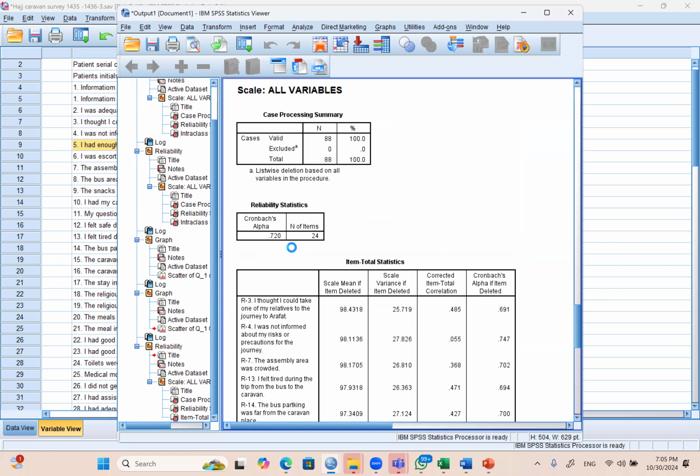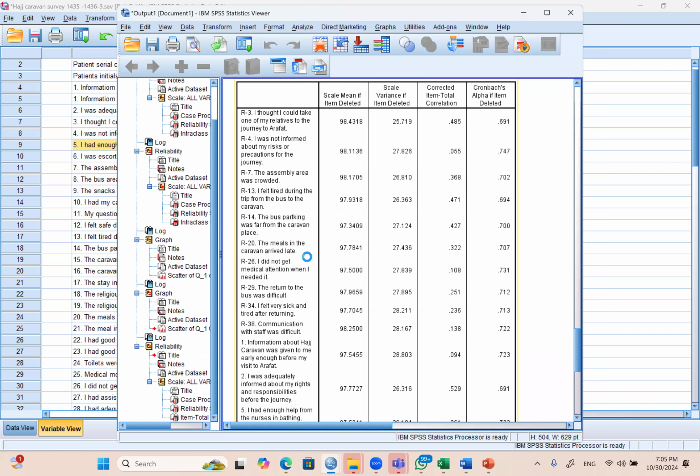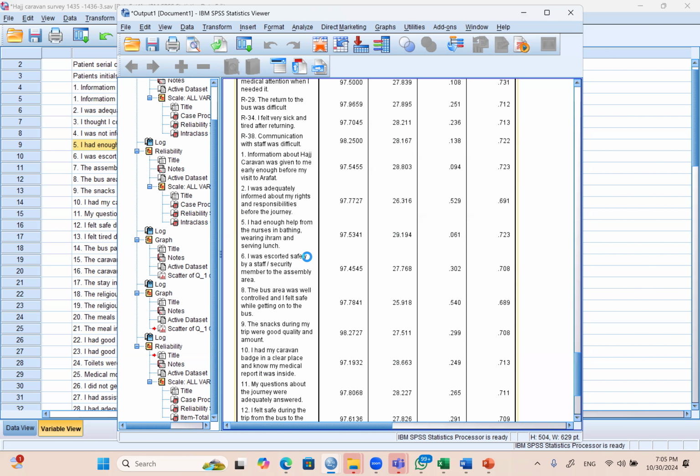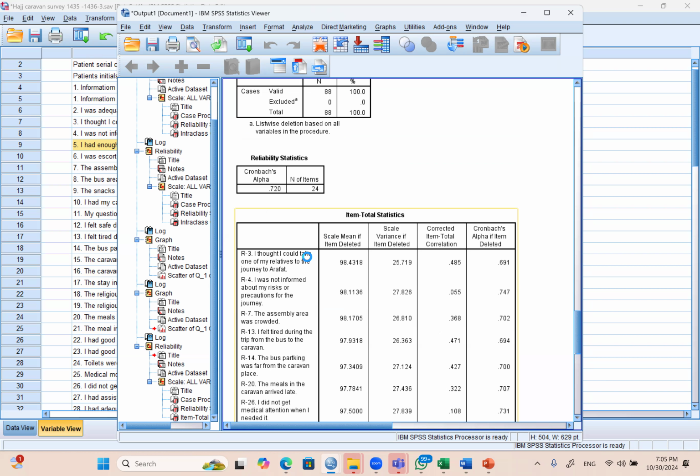Cronbach's alpha is 0.72, which is the measure of correlation among all those items, this whole list of maybe 20-something items. Their internal consistency, their correlation among each other, is quantified by 0.7 with a maximum of 1. So this 0.7 is nice, it's not that bad.